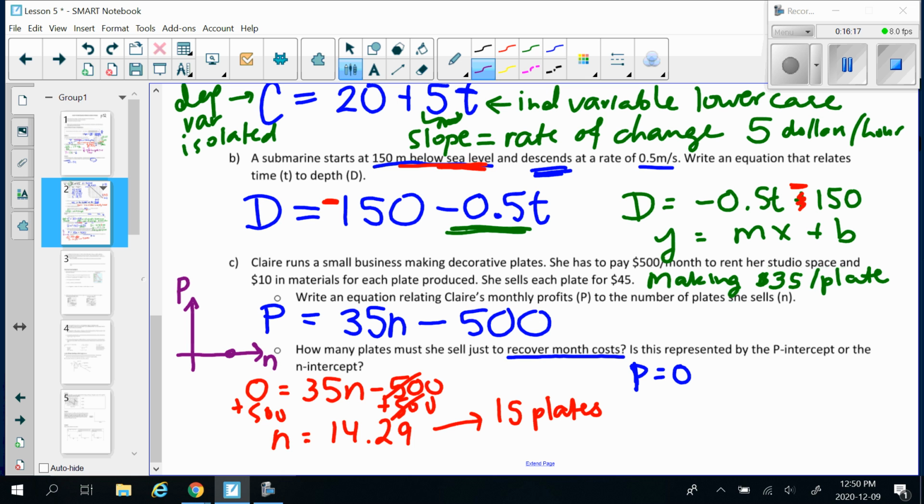So we have a coordinate of N equals 15 and P equals 0, and that would be represented as 15, comma 0, not 0, 15. So in that case, we are not looking at the p-intercept. From the sketch, you can see that this is actually represented by the n-intercept.